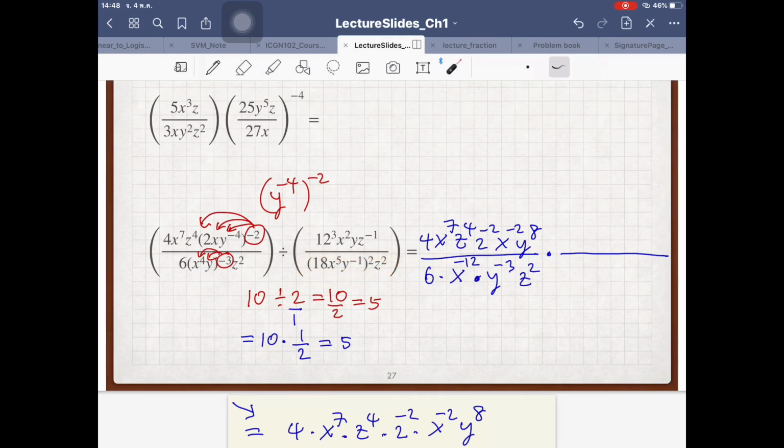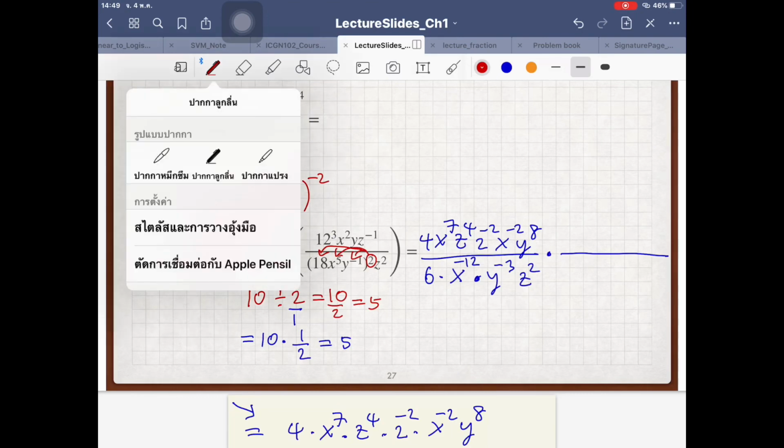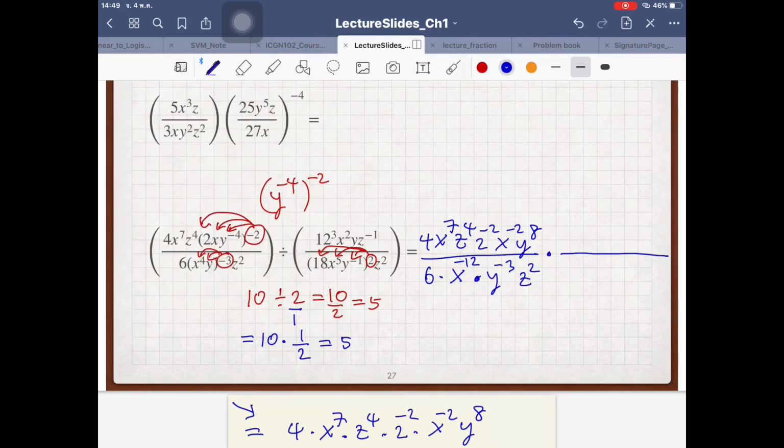And then for this term again, you can give this power to everything inside these parentheses. So this will give you 18 squared, x to the power 5, and then take the power 2 again. So you can get x to the power 10, and then y to the power minus 2, then z squared.